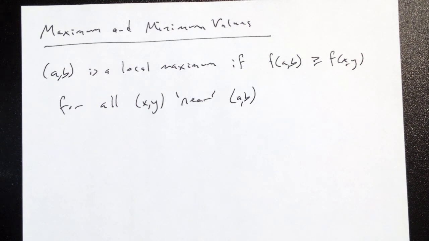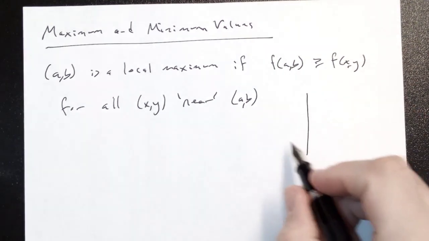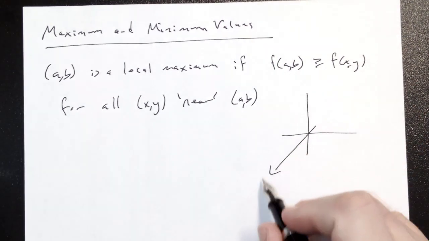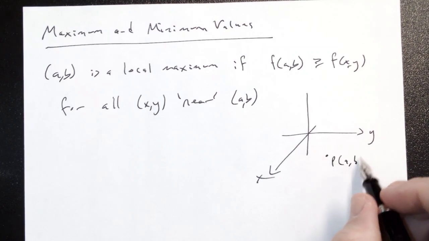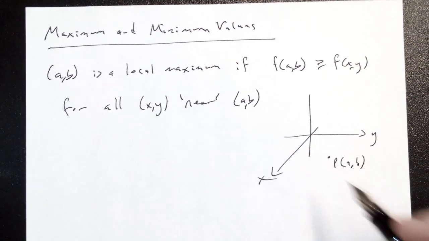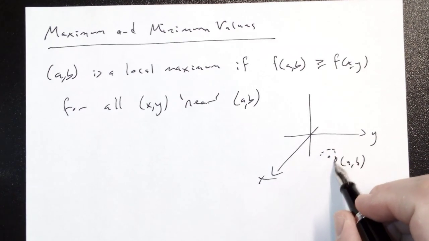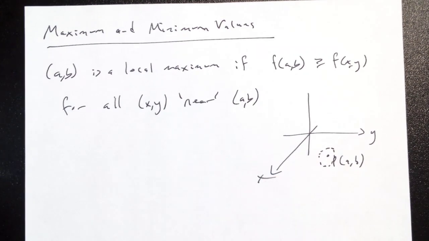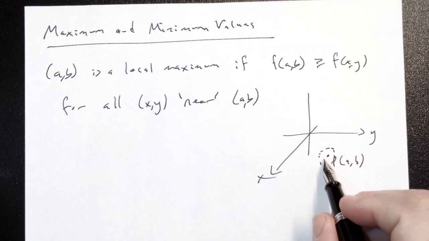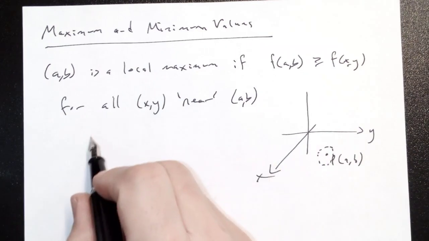So in the x and y plane, I have this point, AB, and in a neighborhood around it. When I say this xy is near AB, I mean there's some little circle.